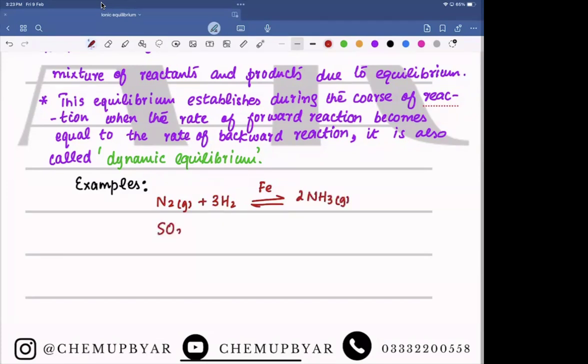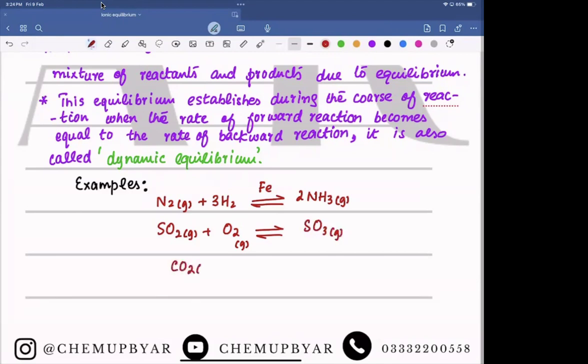Another is sulfur dioxide gas with oxygen, forming sulfur trioxide gas.